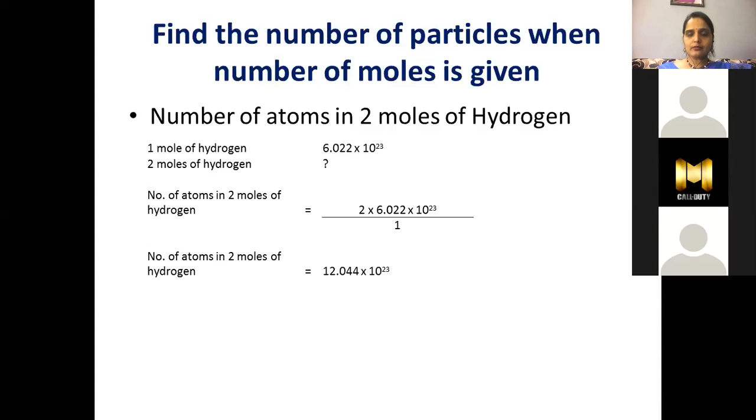It's a very huge number, but can we actually see that number? It will be a very tiny sample of hydrogen, and of course you must be aware that hydrogen is otherwise in the gaseous state.